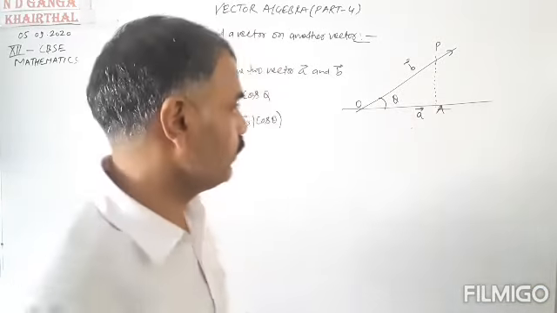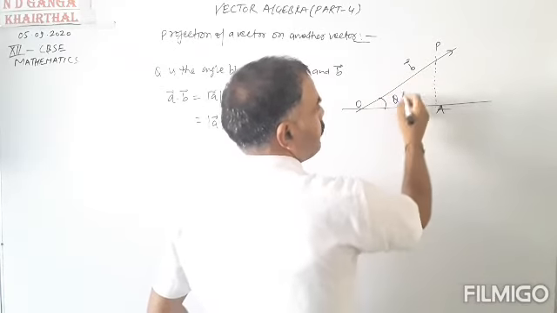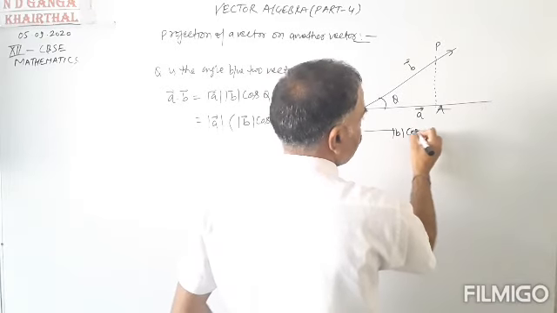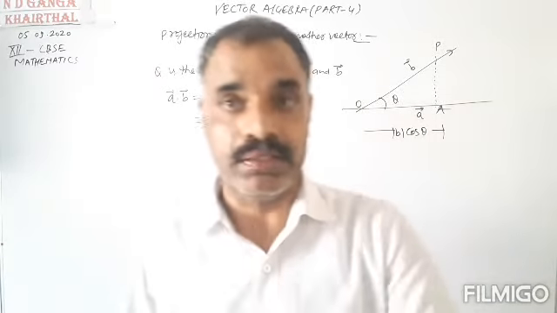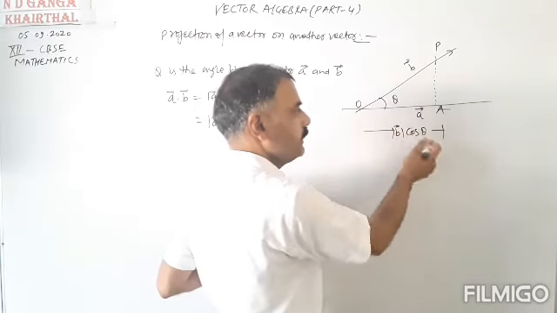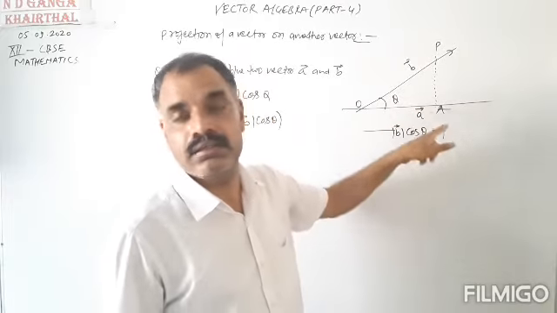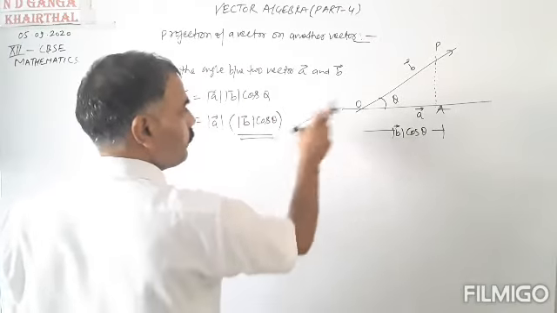So the projection of this B vector is magnitude of B vector cos of theta. The horizontal component of magnitude B, that is magnitude B vector cos of theta, is the projection of B vector. So this is the projection of B vector on A vector.